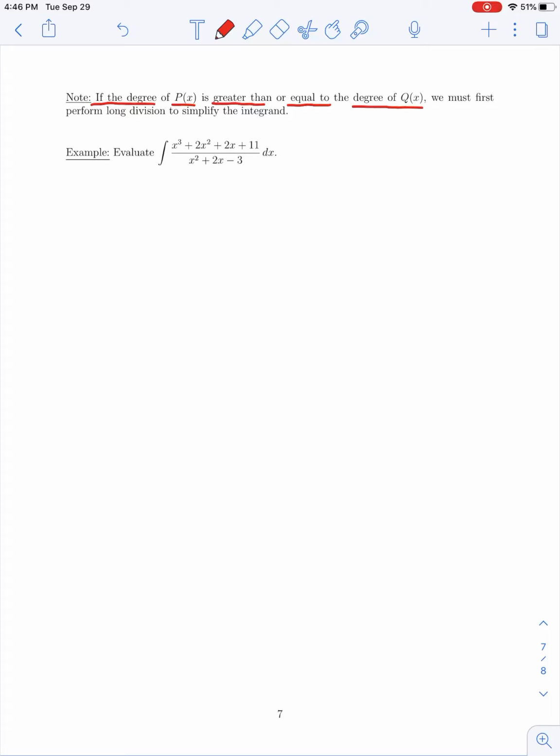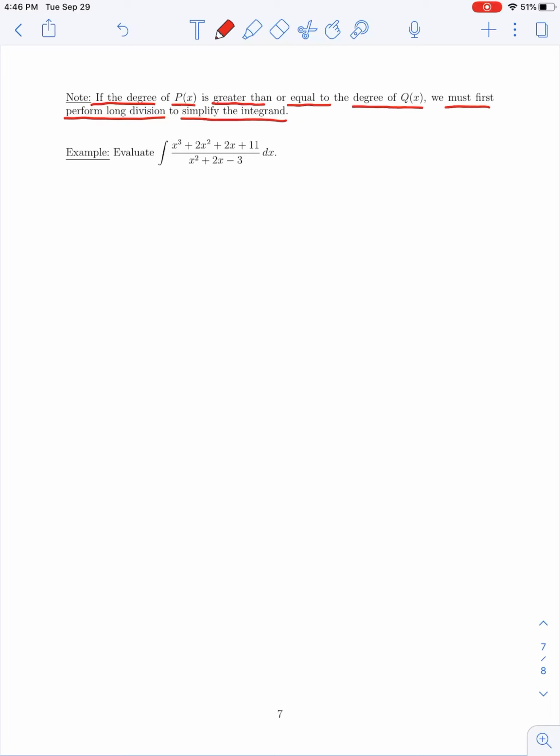In this case, we must first perform long division to simplify the integrand in order to get something involving a rational function where the degree of the numerator is less than that of the denominator.